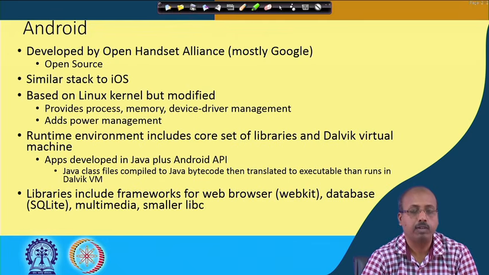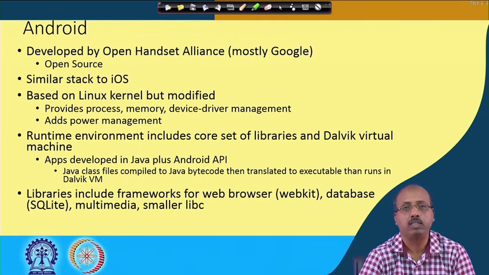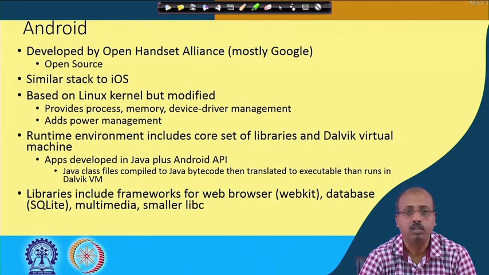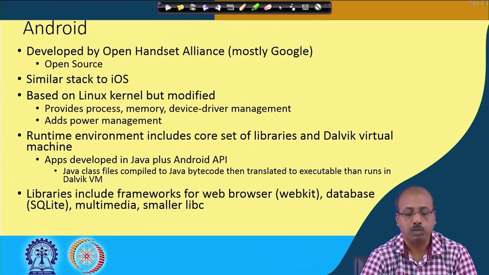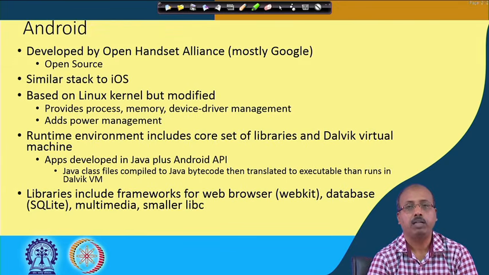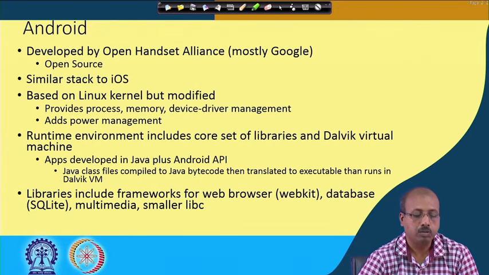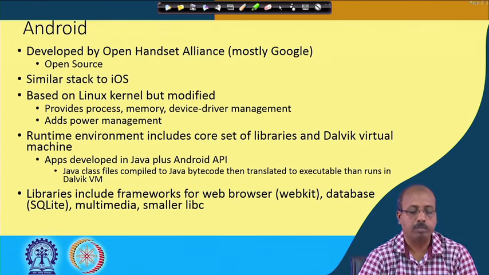Android mostly works on mobile phones, where power is a very important issue and we cannot have high power consumption. Whenever some hardware part is not used, it has to be shut down. So, the Linux kernel has been modified in Android to take care of power management.